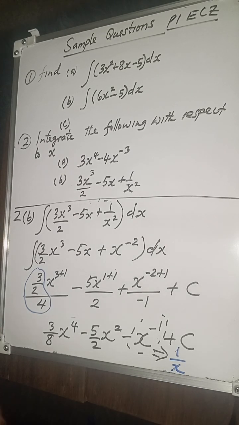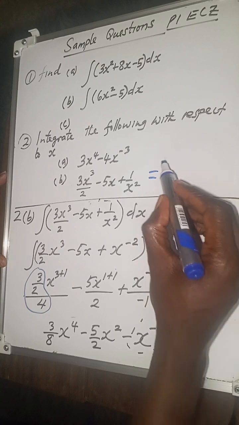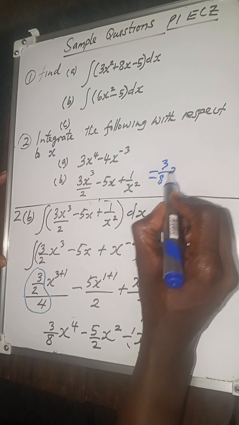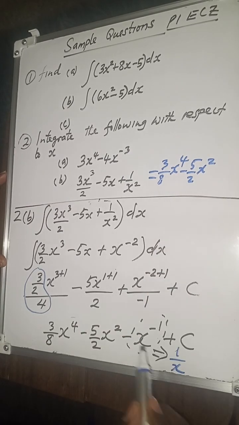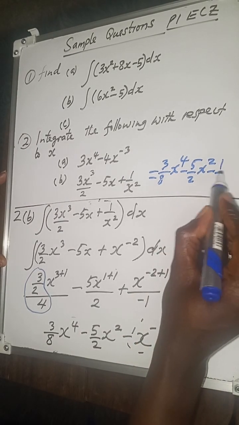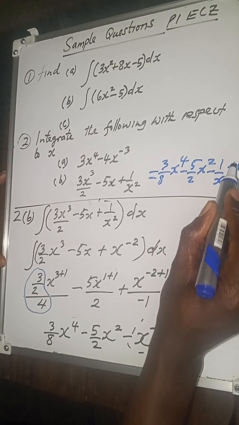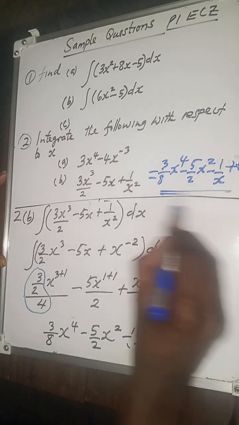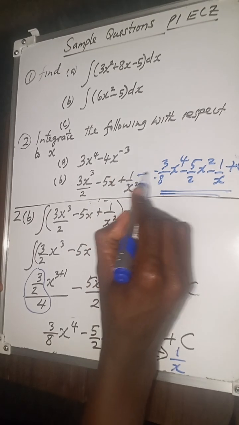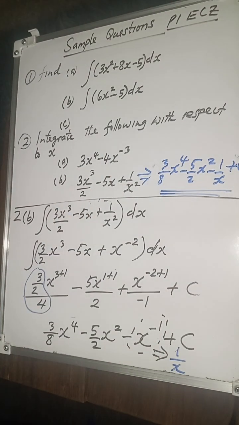That's what I can do. So the whole expression here, I can have 3 over 8 x to the power 4 minus 5 over 2 x squared, minus 1 over x plus c. So that's what we mean. So that's basically the idea that we're having there.